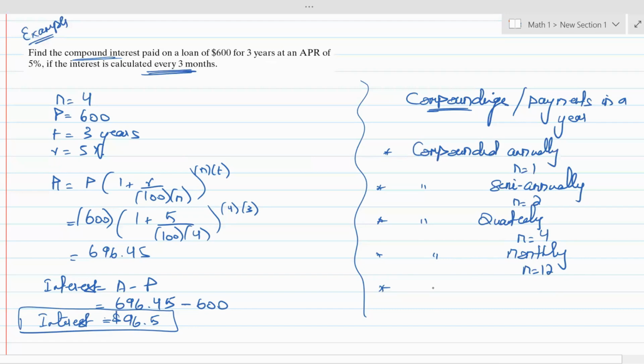And if it says compounded daily, there are 365 days in a year, so n is equal to 365. These are a few important terms about compounding or interest calculated after every period. So these are the n values to be taken.